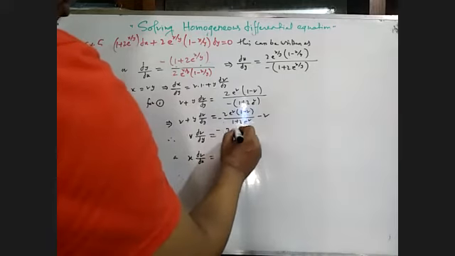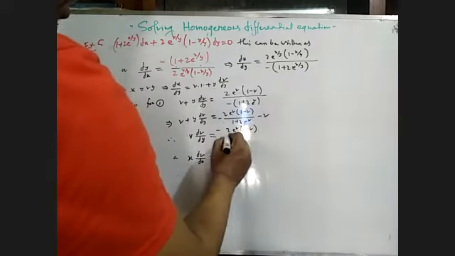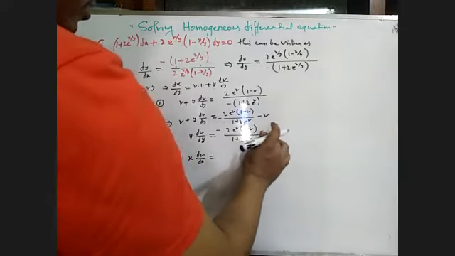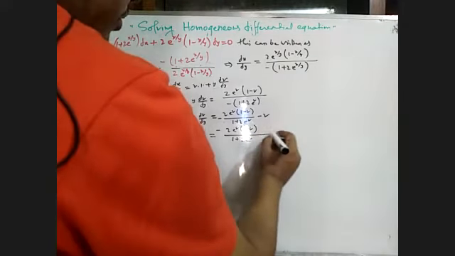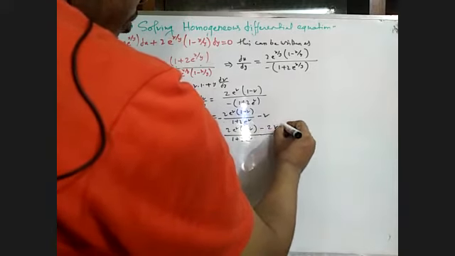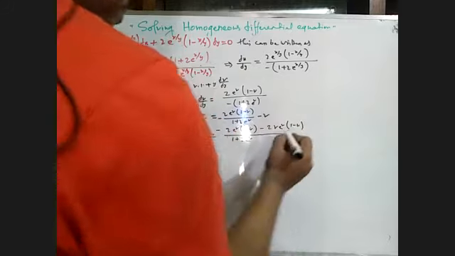So minus e^b(1 − b)(1 + 2e^b), minus, taking LCM, we get minus 2b e^b(1 − b).